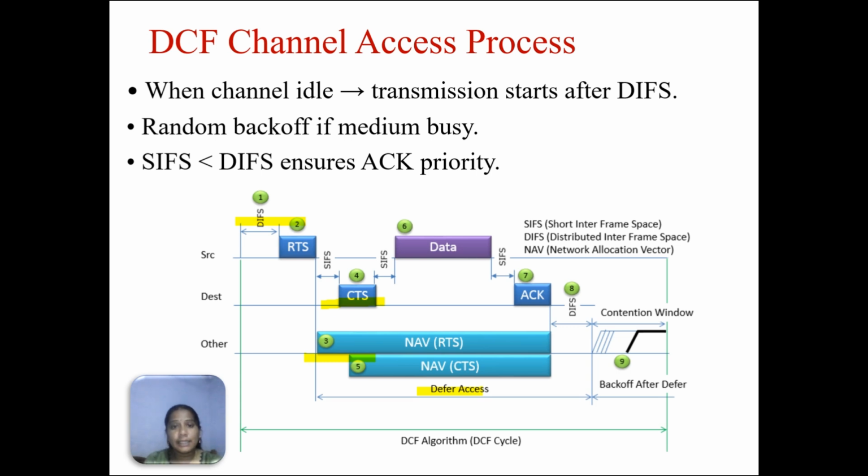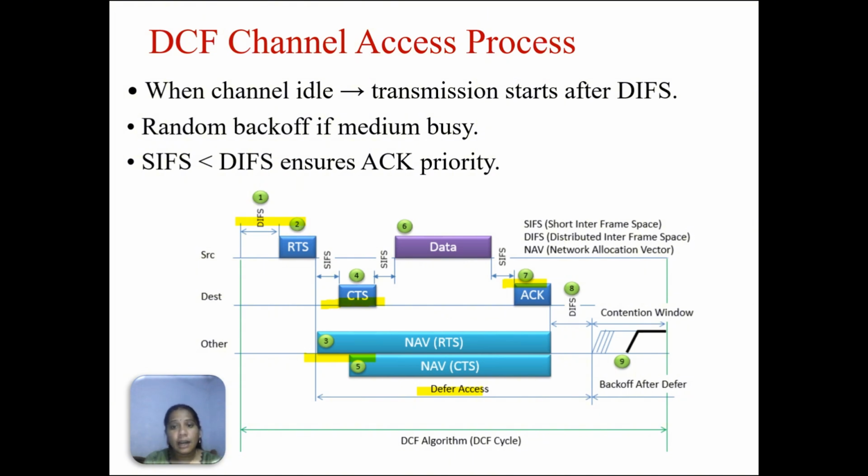And then in the sixth step, after a short period called SIFS, the source device sends data to the destination device. After receiving the data from the source device, the destination device waits for the SIFS period, then sends the acknowledgement to the source device.